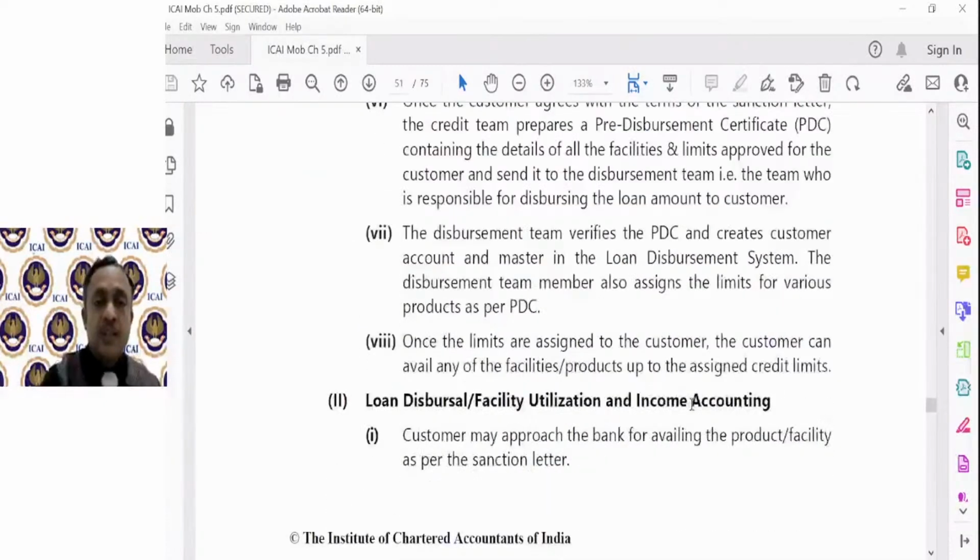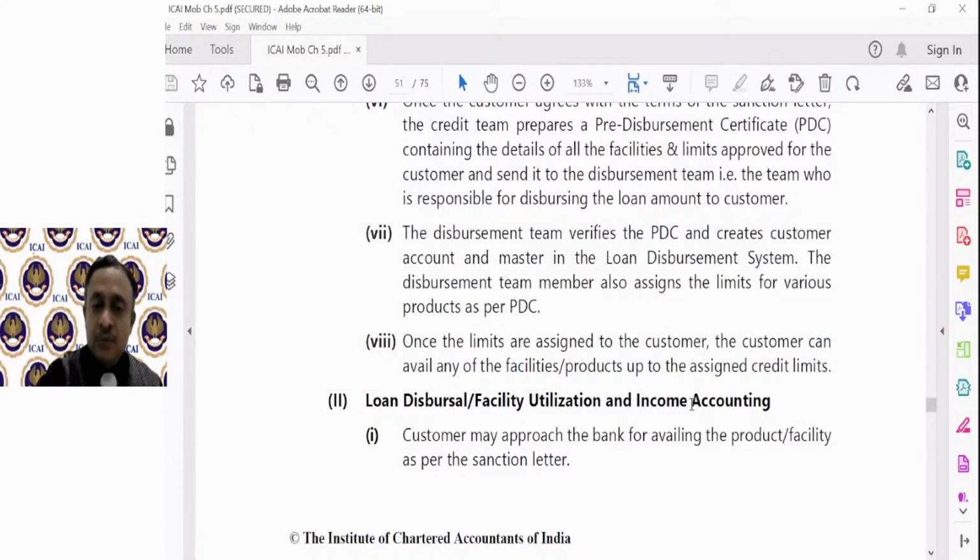The disbursement team verifies the pre-disbursement certificate and creates the customer account master in the loan disbursement system. The disbursement team member also assigns the limits for various products as per the pre-disbursement certificate. Then limits are assigned, and the amount is given. Loan disbursement, facility utilization, and accounting of income in the banking system.